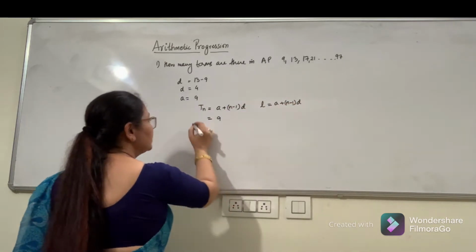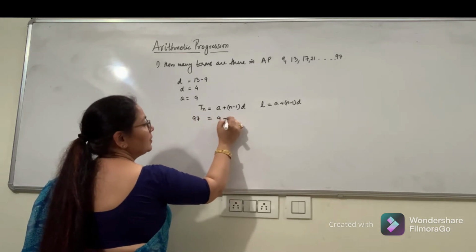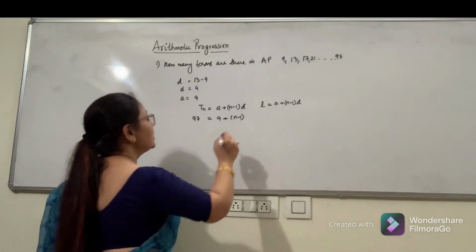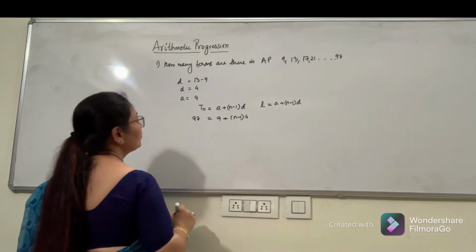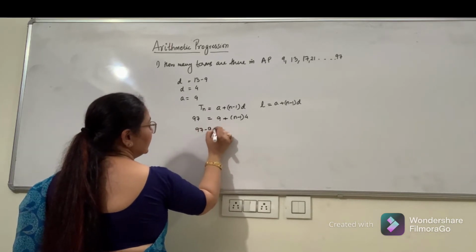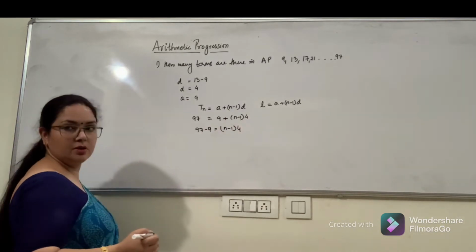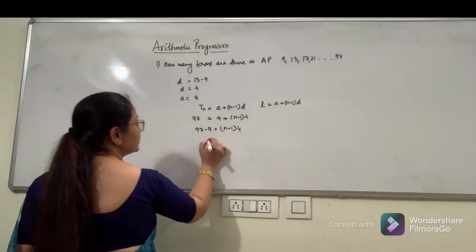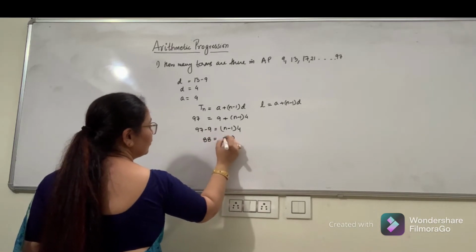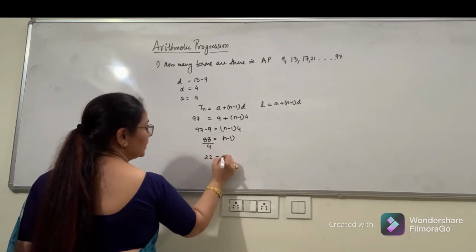So putting the last term here, which is 97, the first term is 9, plus (n minus 1), and D is 4. We have to find the value of n. So 97 minus 9 is 88, and then we divide by 4, so 88 divided by 4 is 22, and n minus 1 is 22.